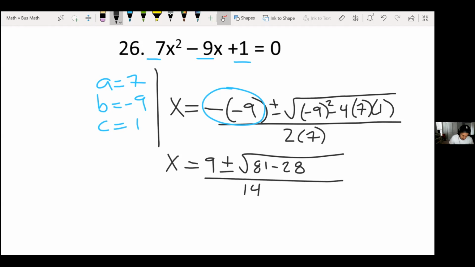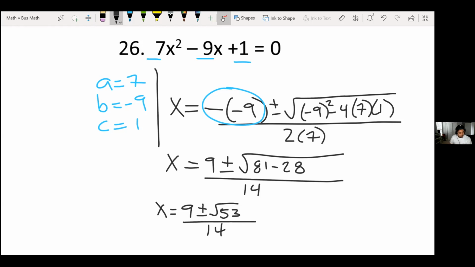I want 81 minus 28. That is 53. Ew, gross. Okay. So, yeah, right? Negative 4 times a times c. Yes. Okay. So x equals 9 plus or minus the square root of 53 over 14.